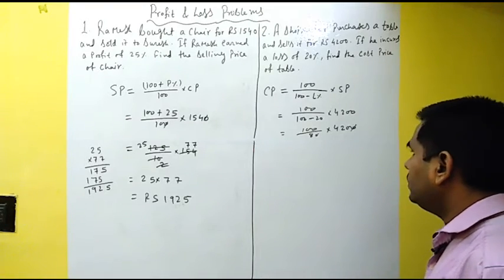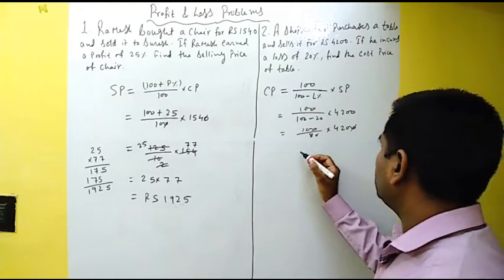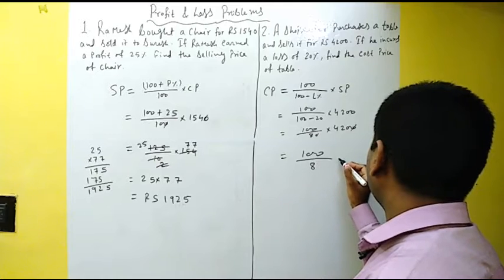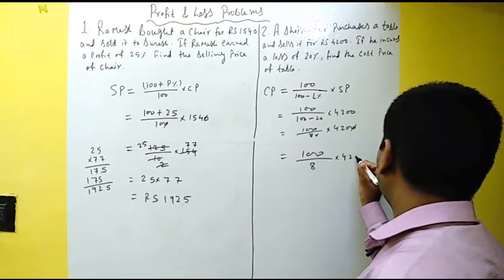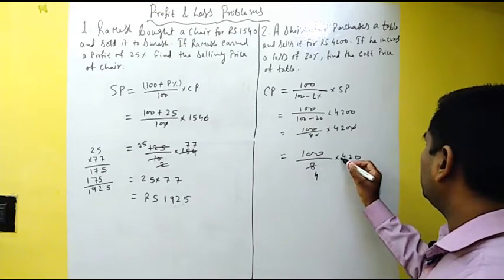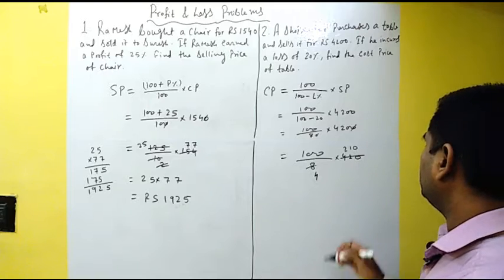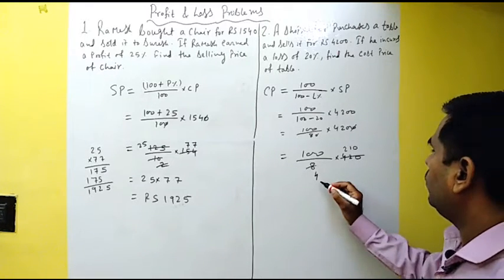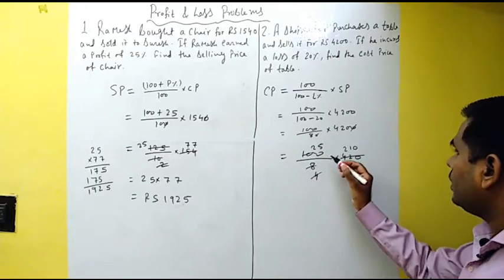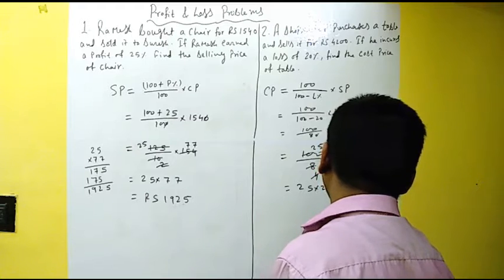So 0 is cancelled. Now we will cancel with 2 to make it simple. So 100, I'll write it here, 8 into 420. So this becomes 4, this becomes 2 1. Now with 4 I can cancel this 25. Now 25 into 210.